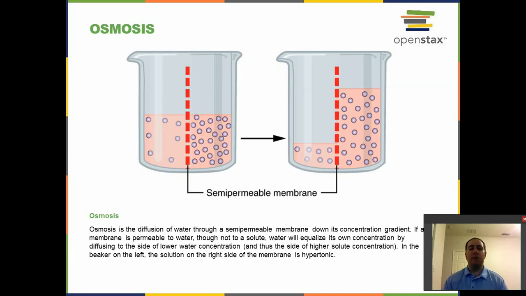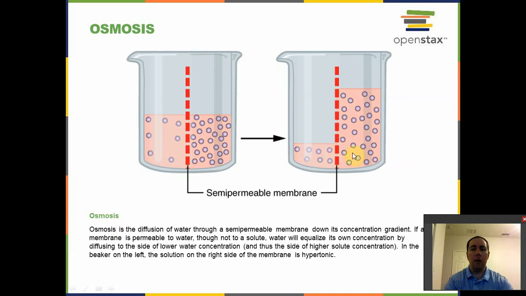In osmosis, the water moves towards the high concentration of solute. Last week we talked about solutions. We said a solution was made up of a solute dissolved in a solvent. So in this situation, we have the sugar solute dissolved in the water solvent. And the water is moving from the left over to the right.